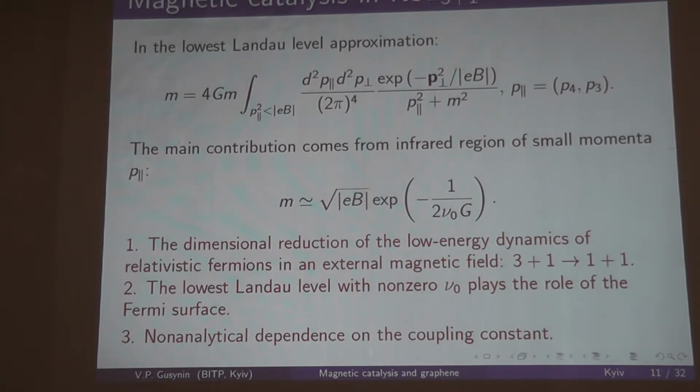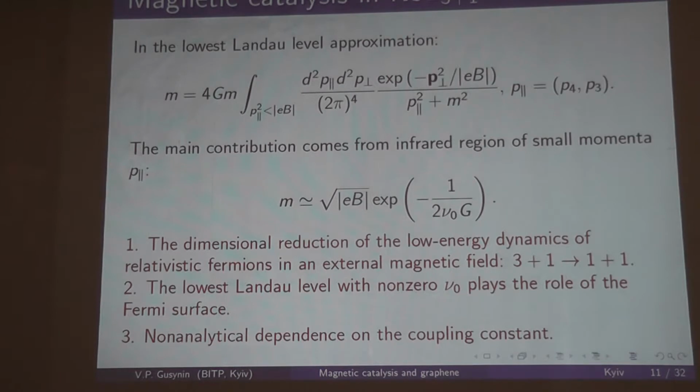The lessons which we extract from this consideration are the following. Why do we have a solution at small coupling? Several reasons. First of all, the magnetic field makes a so-called dimensional reduction in the dynamics of the fermions.